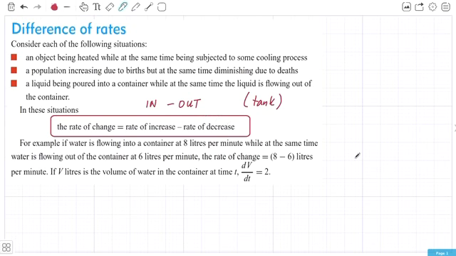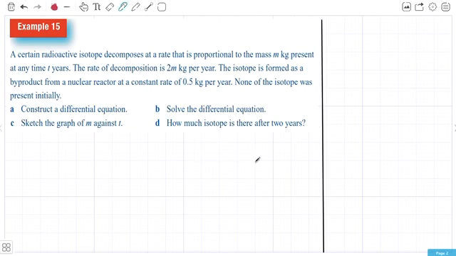So we're going to look at an example now where we've got these two different situations happening at the same time. We're looking at a radioactive isotope which decomposes at a rate that's proportional to the mass m of kilos present at any time t. The rate of decomposition is 2m kilos per year.